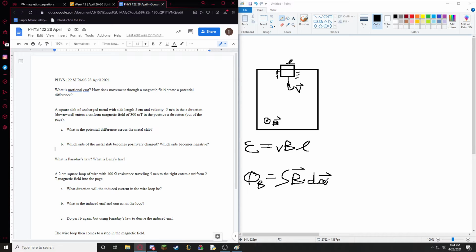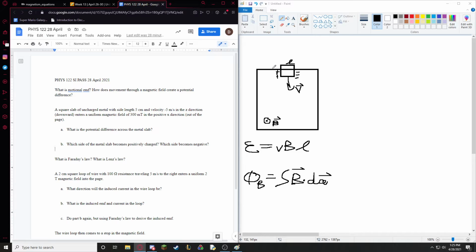But essentially, if this is a wire loop, and we have our magnetic field out of the page, our flux is an integral of B dot dA. Our magnetic field isn't changing, but the total area of the loop inside the magnetic field is increasing.